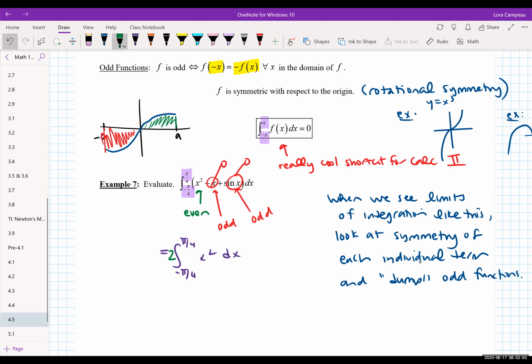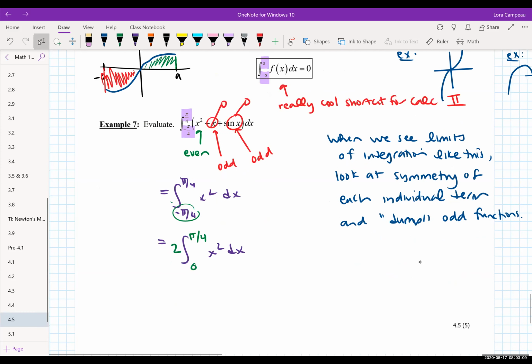Oh, I'm counting ahead of time. Okay, I'll give you an extra step. Sorry, I got excited. Now I can take just the right side of the x-axis and multiply it by 2. Life ends up being a little nicer.